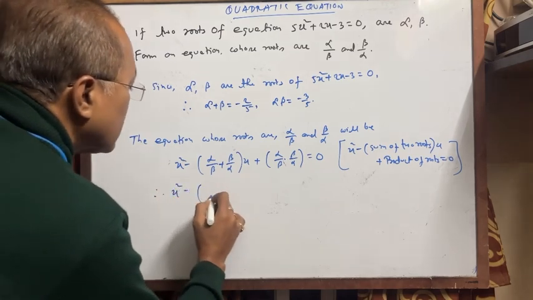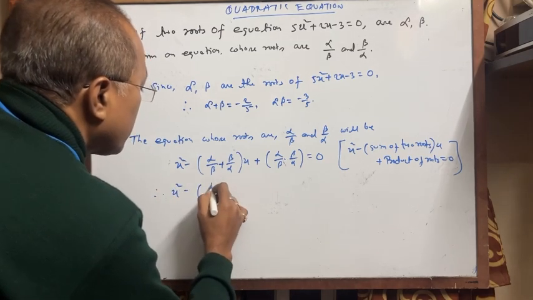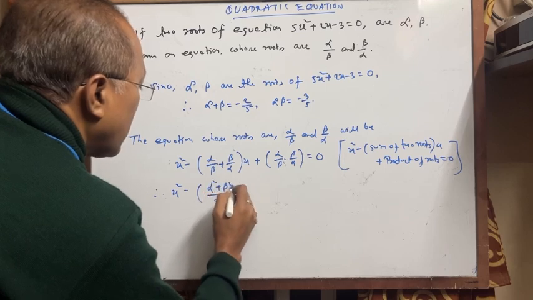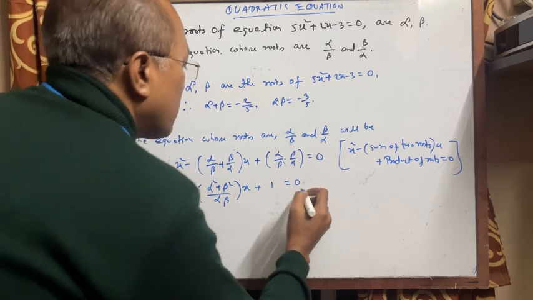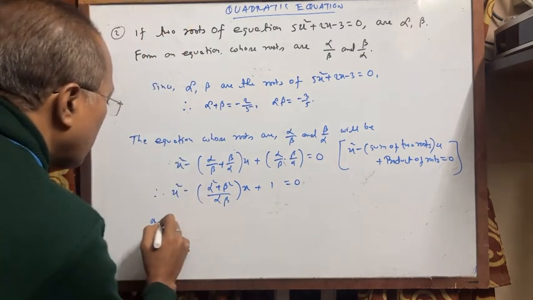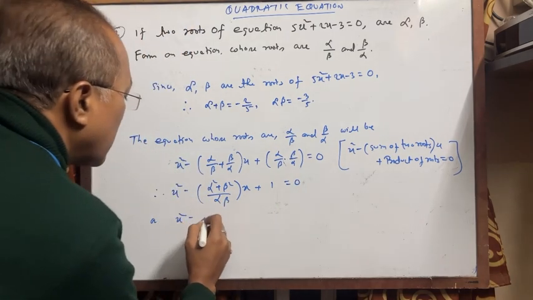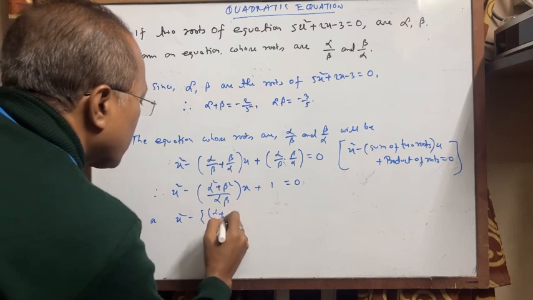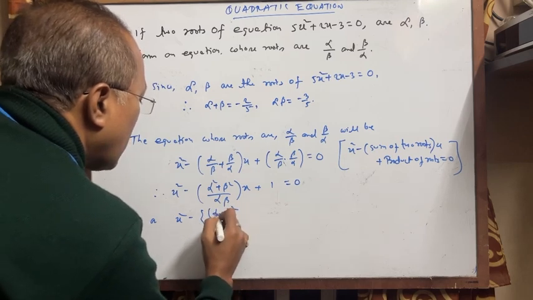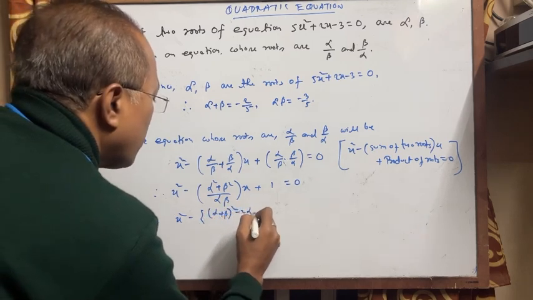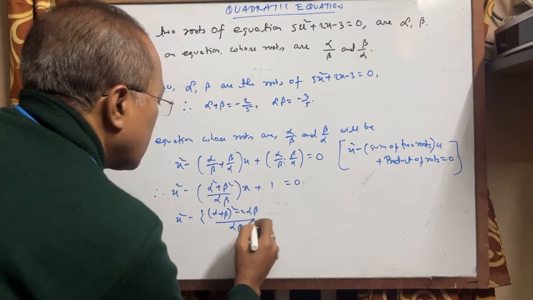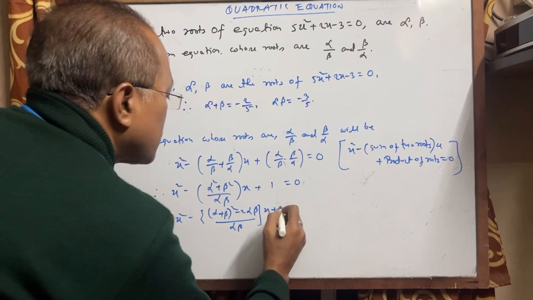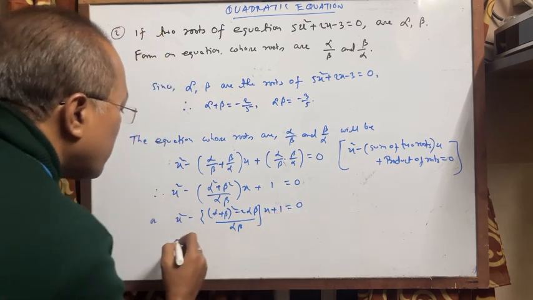X square minus, it will be alpha square plus beta square into x, it is 1, or x square minus alpha plus beta whole square minus 2 alpha beta into x plus 1 is equal to 0.